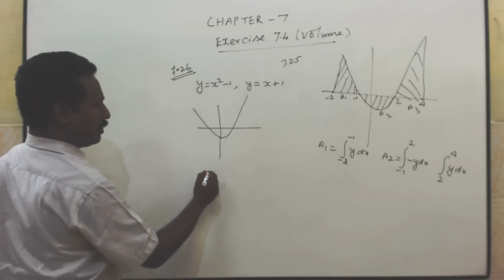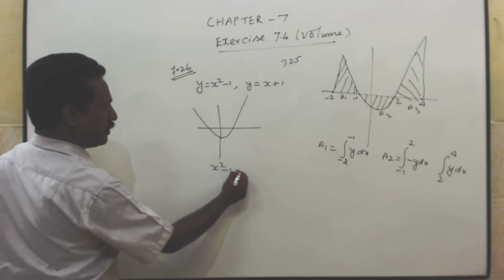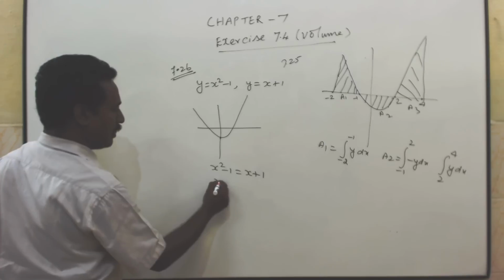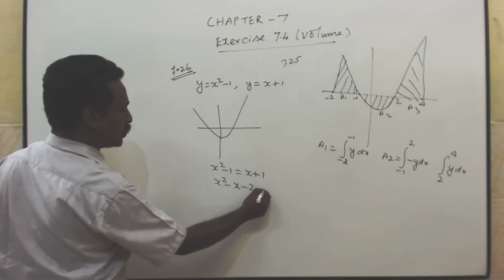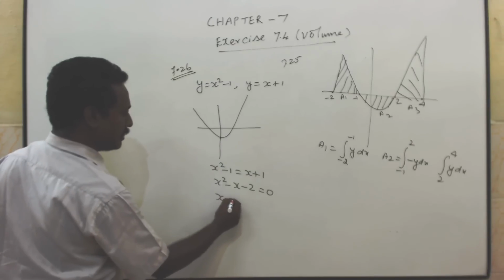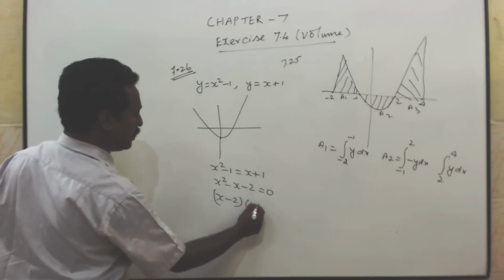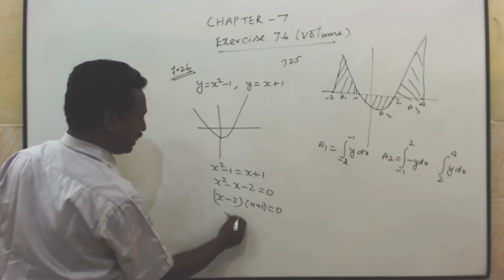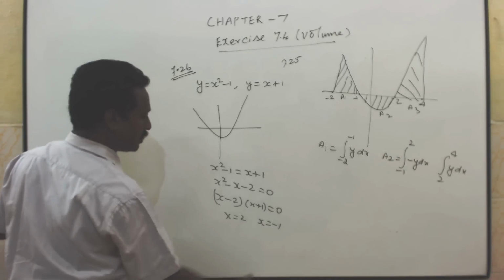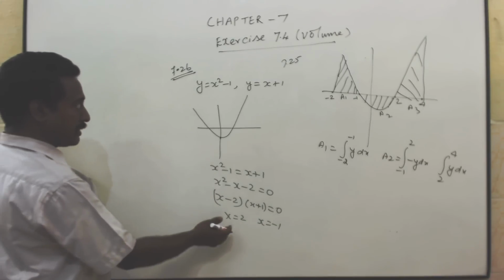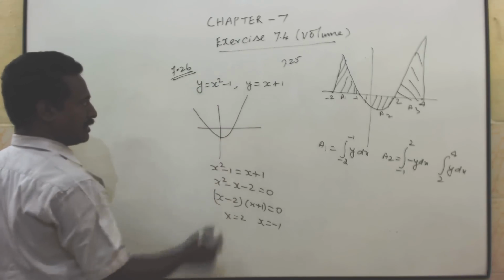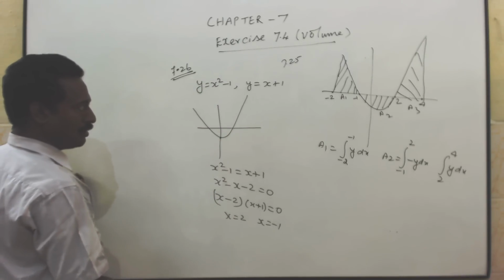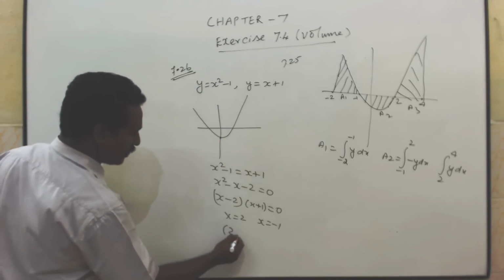Just solve. x square minus 1 equal to x plus 1, x square minus x minus 2 equal to 0, factorize: x minus 2, x plus 1 equal to 0, x is equal to 2, x is equal to minus 1. When we put x is equal to 2, y is equal to 3, 2 comma 3, one point.